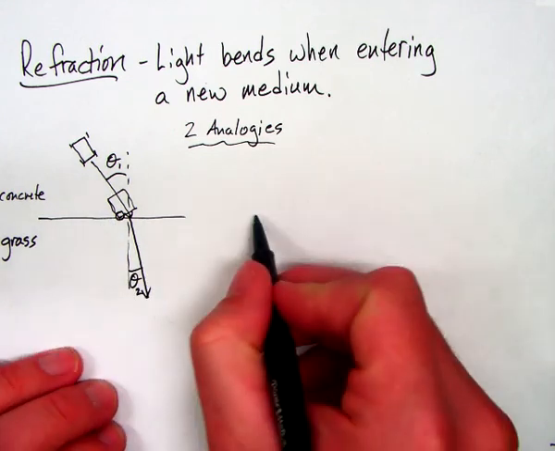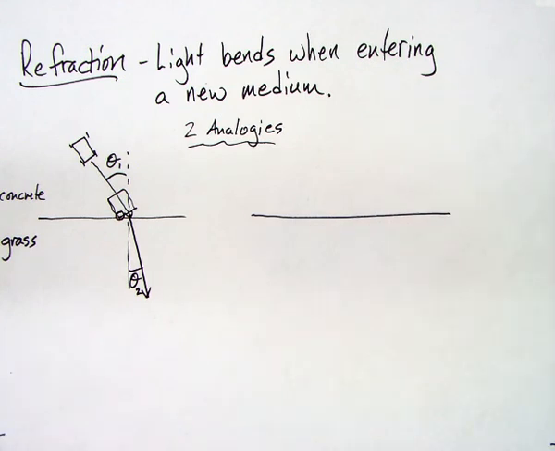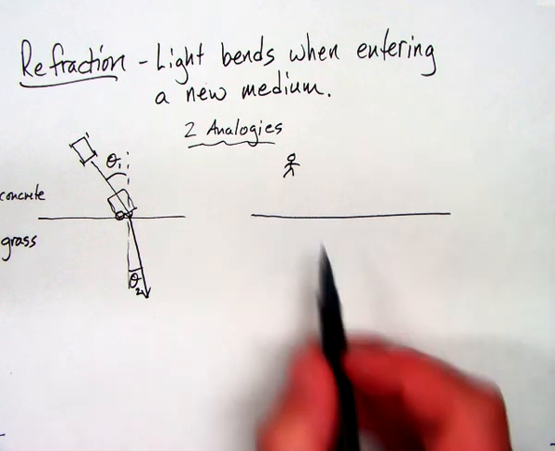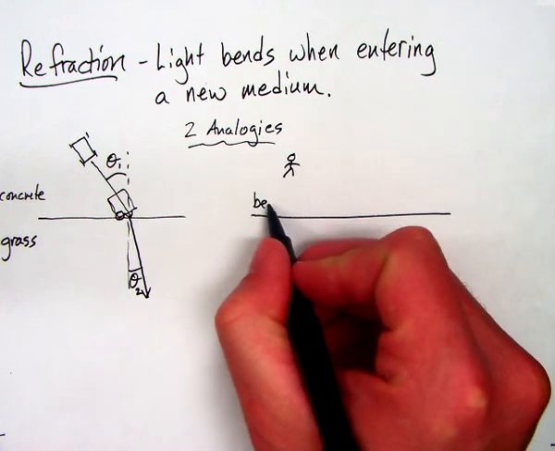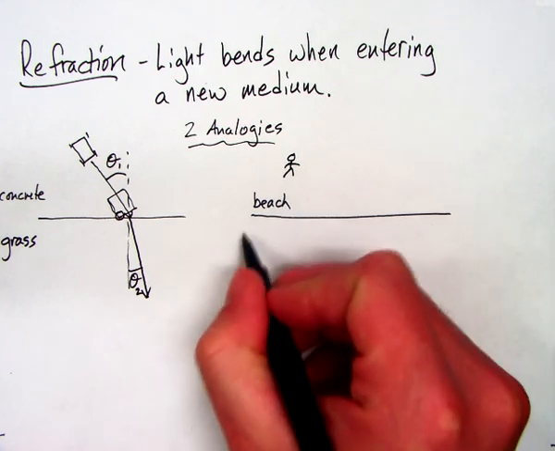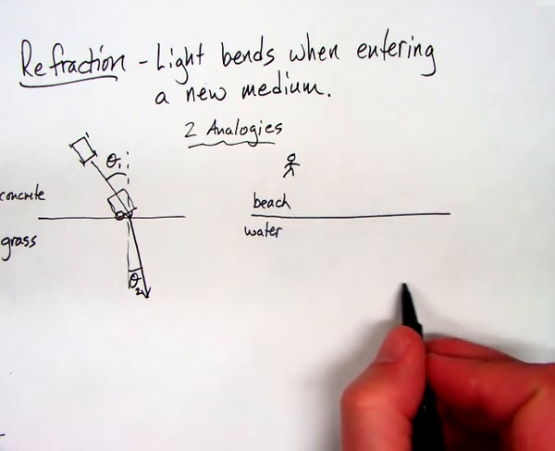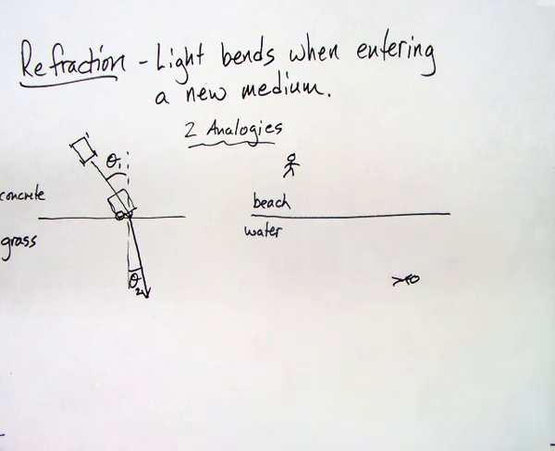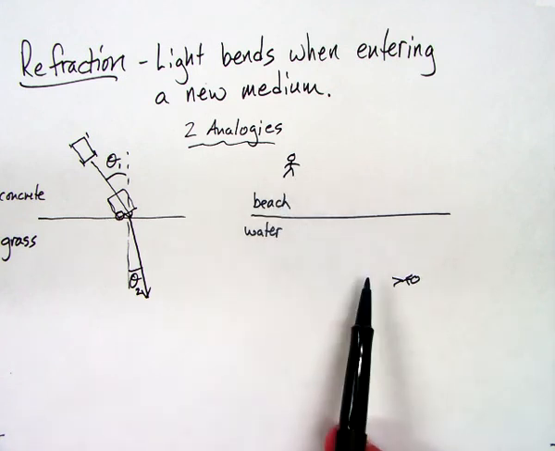Here's another analogy. This is sometimes referred to as the principle of least time. Pretend you're a lifeguard and you're watching kids swimming in the water at the beach. So here's the beach, and here's the water, and we're looking from above, and here's a swimmer struggling in need of rescue. The lifeguard could choose to take any number of different paths to get to the swimmer.